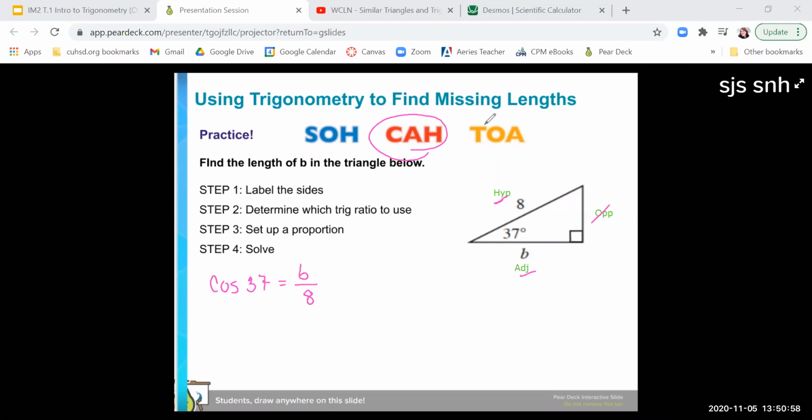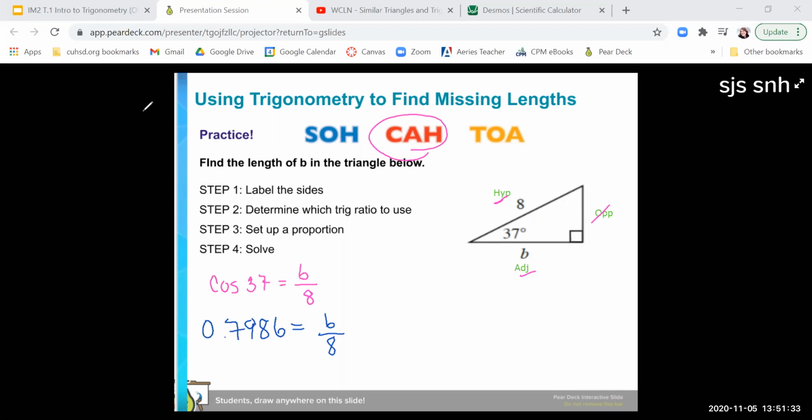You use the cosine button this time, but otherwise it's the same process. Cosine 37 is 0.7986, and that's still equal to B over 8.